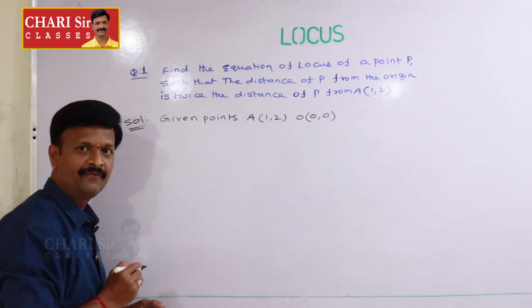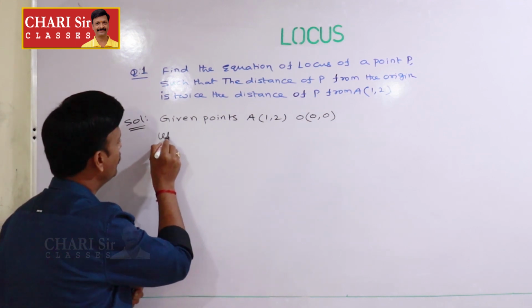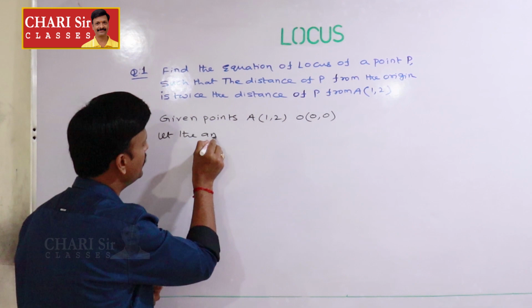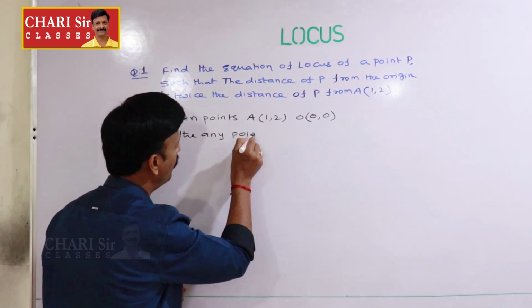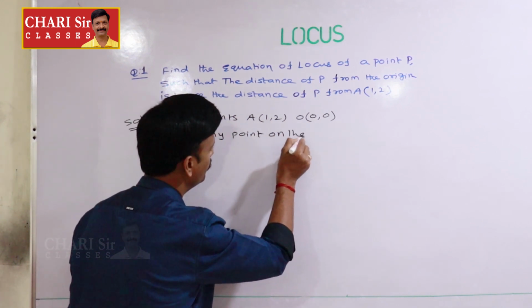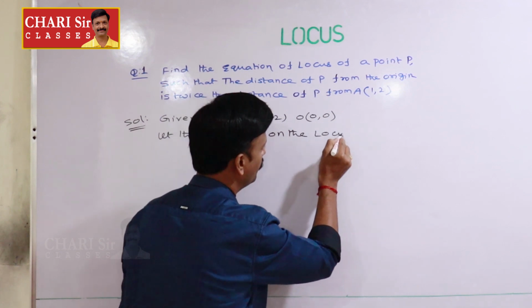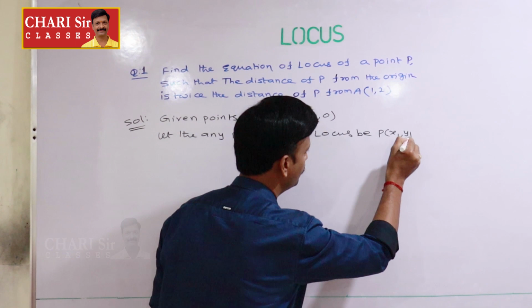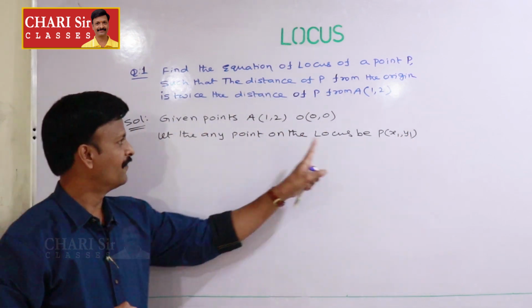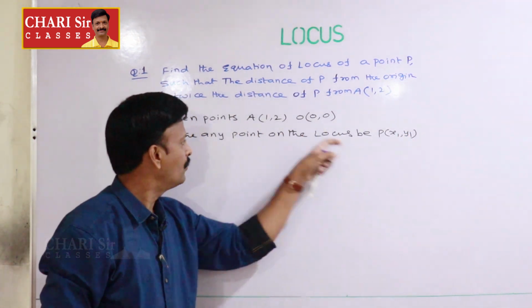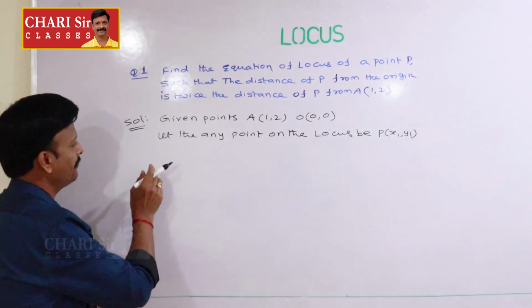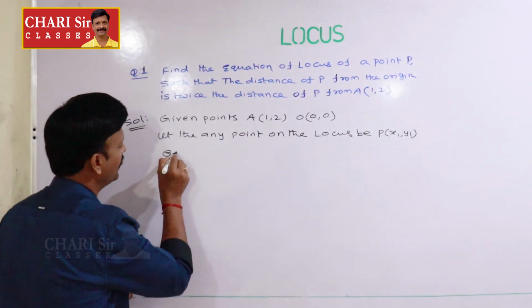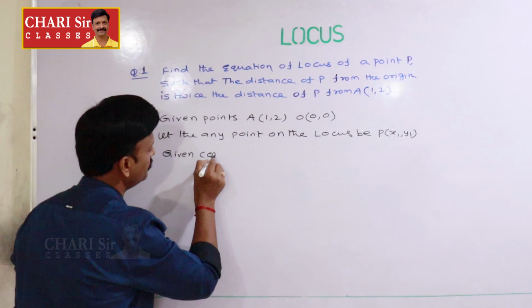Now the second step we need to write is: let any point on the locus be P (x1, y1). So we are taking one point P (x1, y1). The third step is the given condition. What is the given condition?